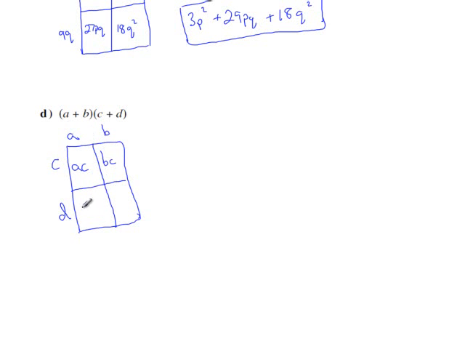A times d is ad. And b times d is bd. So you end up with ac plus bc plus ad plus bd. Look for like terms to combine, but you haven't got any like terms, so this is as far as you can get, and that will be your final answer.